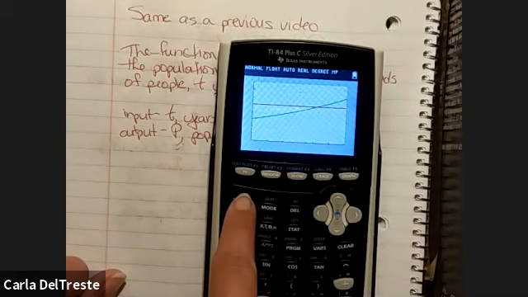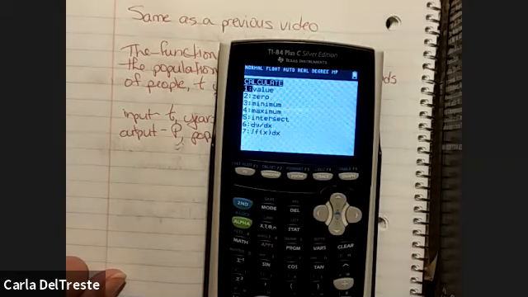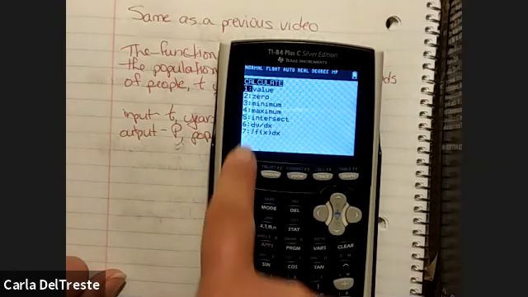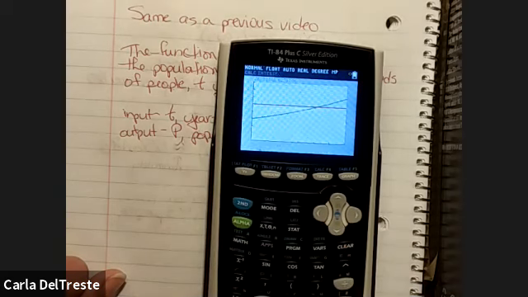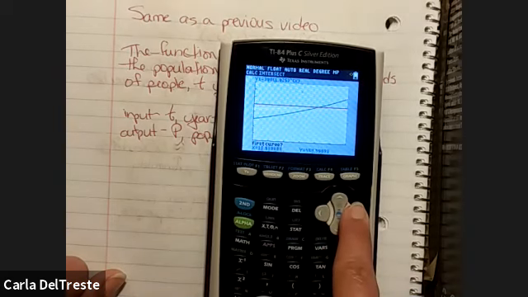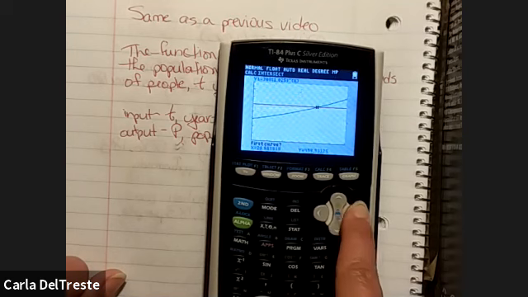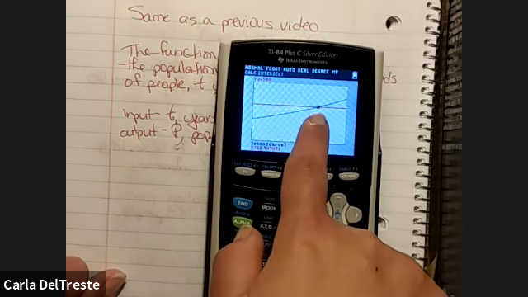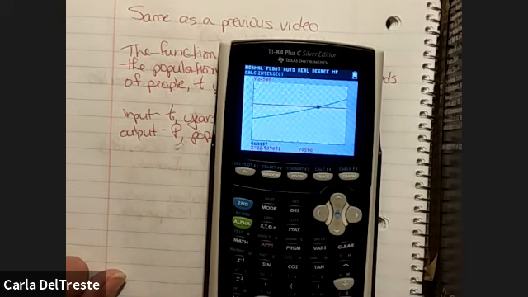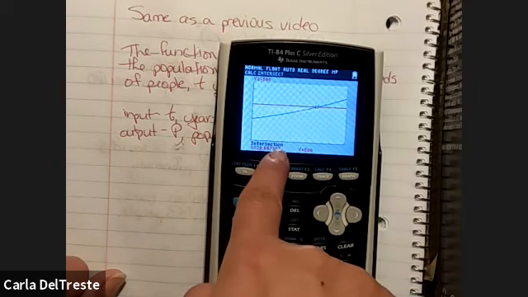So I'm going to go to second, trace, it's my calculate menu. I want to know where they intersect, so I'm going to choose number 5. And then I'm going to follow the prompts. Get your cursor as close as you can to the point of intersection and hit enter 3 times. As long as it doesn't move very much, you can just keep hitting enter until you see the word intersection.